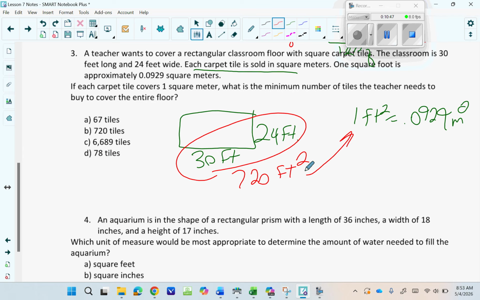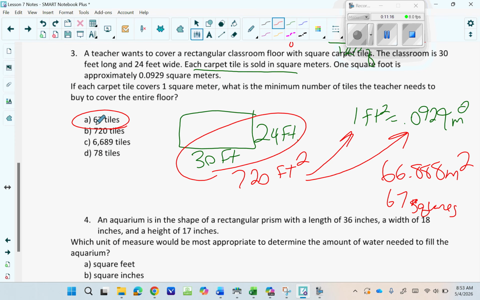I'm going to multiply that times 0.0929, and I get 66.888 square meters. If each little square is 1 square meter, then I need about 67 squares, or 67 tiles.